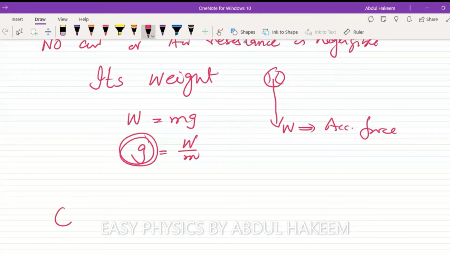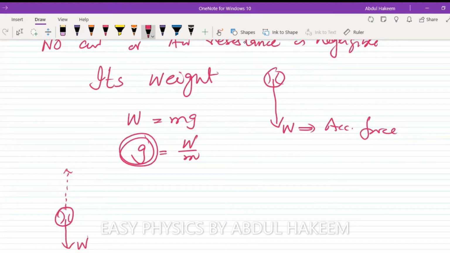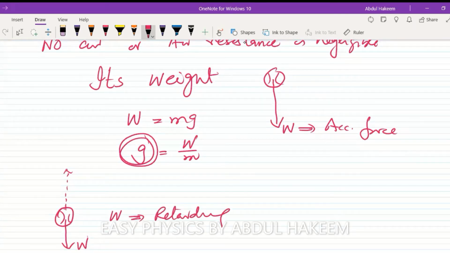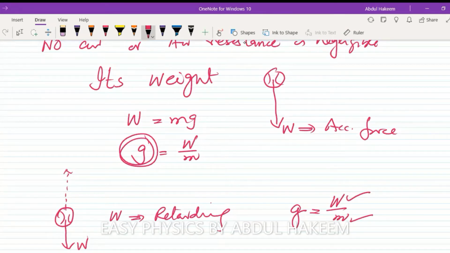When the object is thrown up, weight is opposing the motion. So this is the retarding force. So here, the weight is the retarding force. And the retardation g is equal to, again, W by m, weight constant, mass constant. So g is constant.